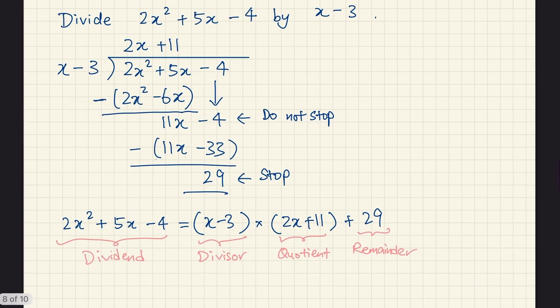This is very similar to another video that I've done where I divide 2x squared plus 5x minus 4 by x minus 3, and I get a remainder of 29. If we only want to find the remainder, we don't have to do so much work as the long division. Of course, the long division has other uses, but we don't need it if we just want the remainder.